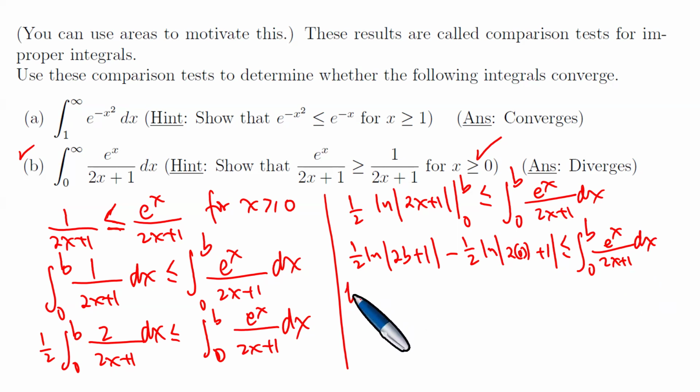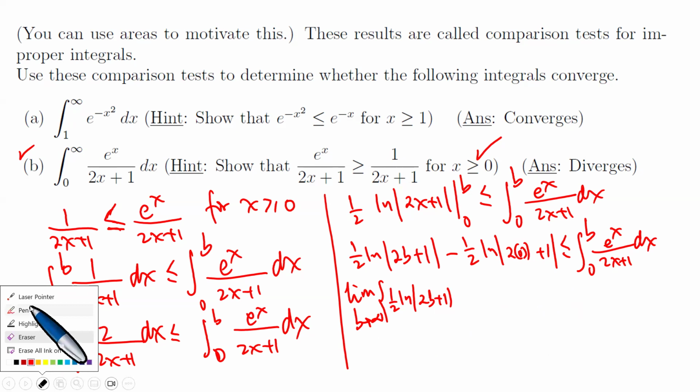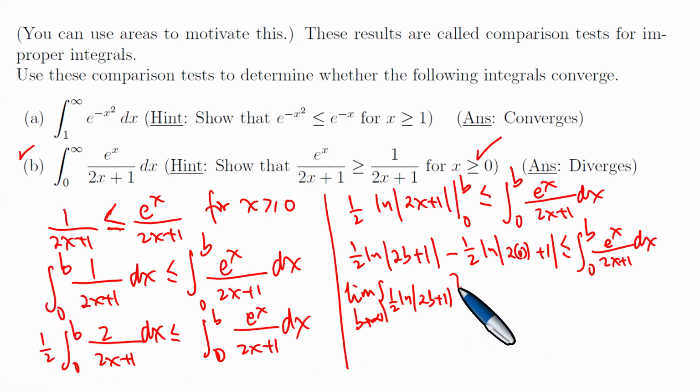And therefore, this is the limit. Half by 0 becomes 0, less or equal to the integral of e to the power x divided by 2x plus 1 dx.